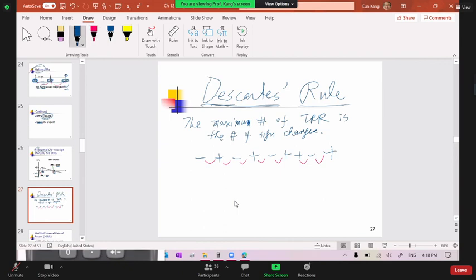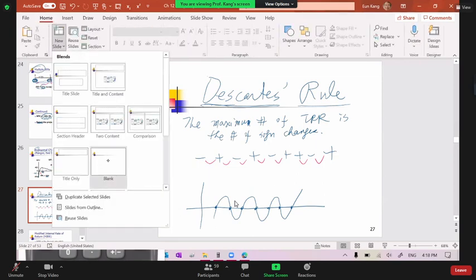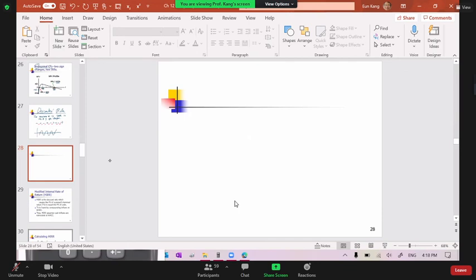Then it's like this: 1, 2, 3, 4, 5, 6, 7. When that present value profile crosses the x-axis, that is an IRR. So 1, 2, 3, 4, 5, 6, 7, right? Then that's the maximum number, because it can also be like this.